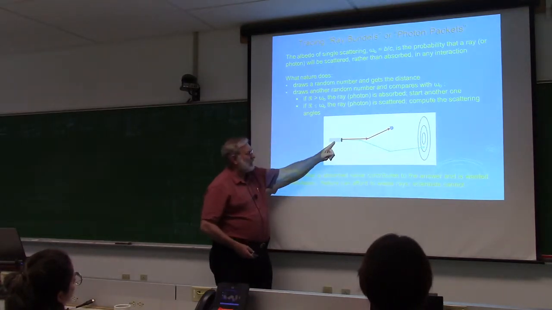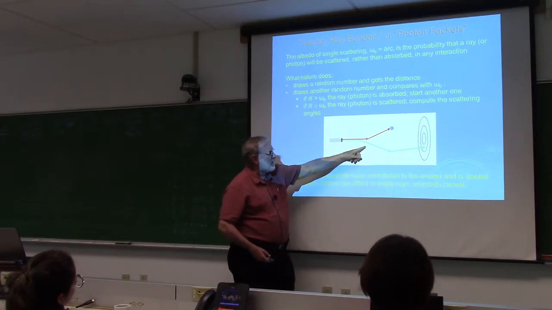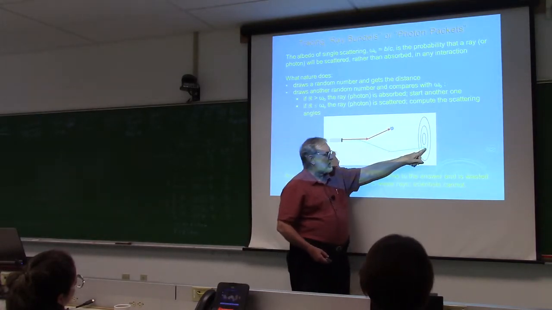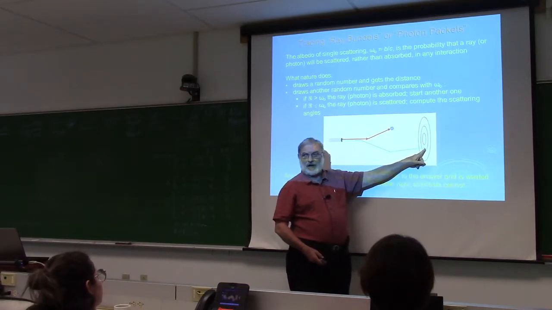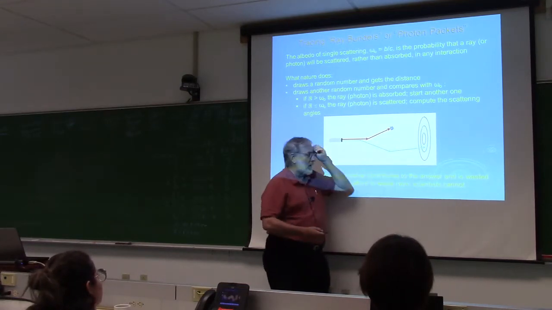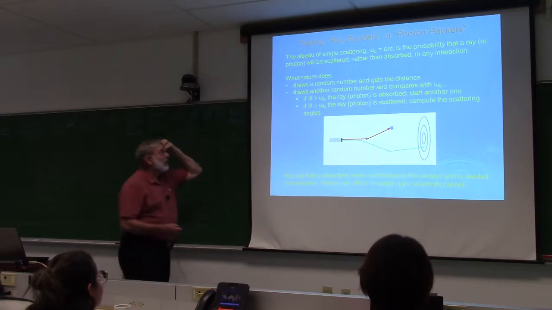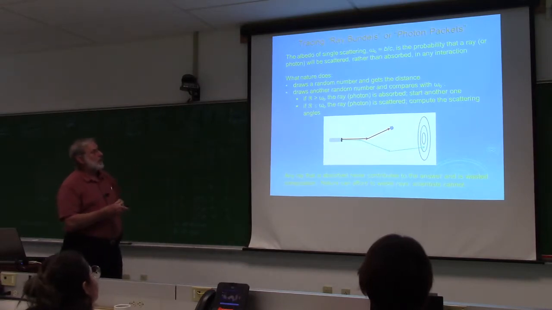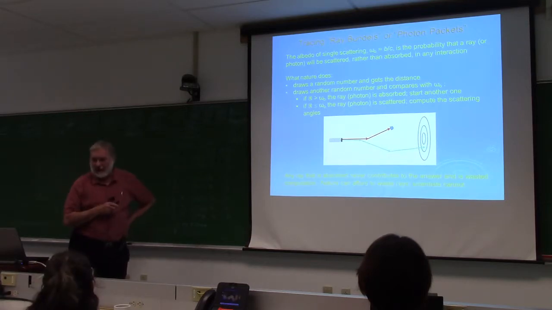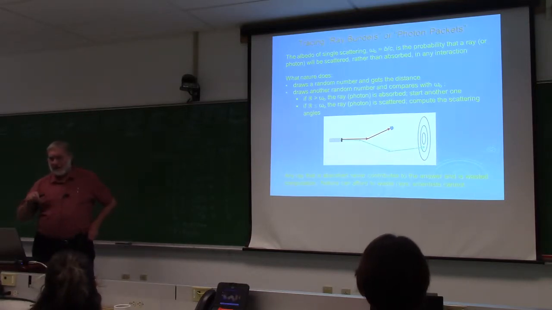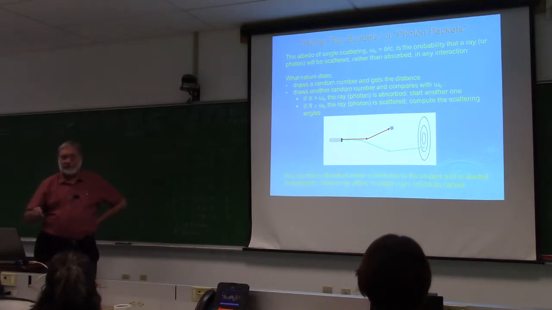On the other hand, this photon comes out, it scatters again, it goes over to my detector, and I say, okay, I recorded a photon here, that's going to contribute to my answer. Now, one way you could do this is, if you remember, the albedo of single scattering is the probability that a ray will be scattered rather than absorbed.